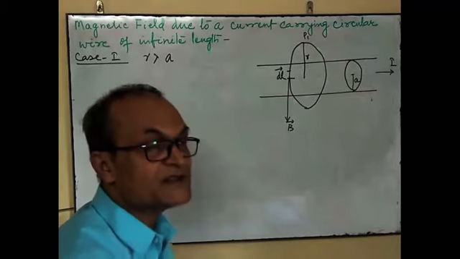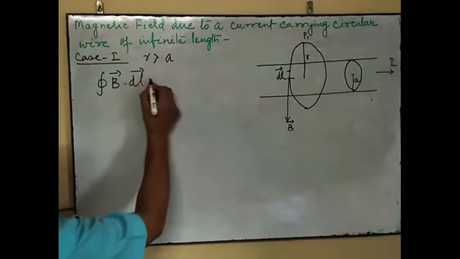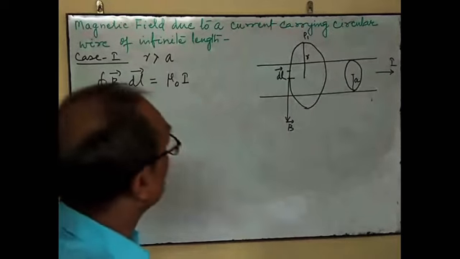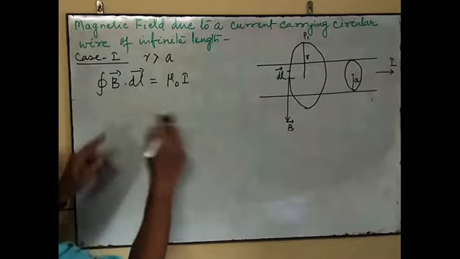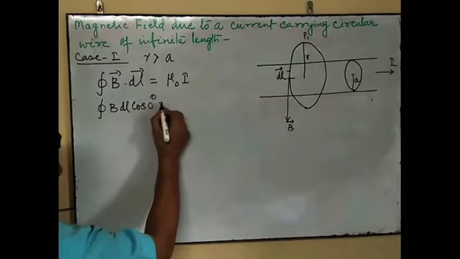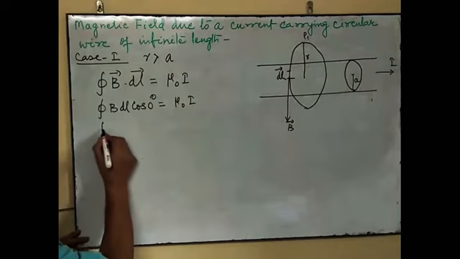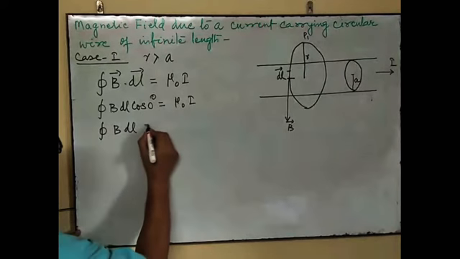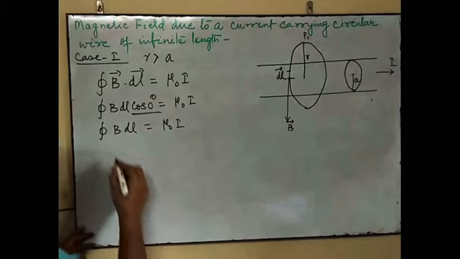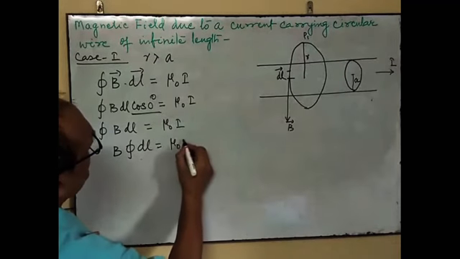According to Ampere's circuital law, integration of B dot dl equals mu naught I. B and dl are both in the same direction, so we can write integration of B dl cos 0 degree equals mu naught I, because cos 0 degree equals 1.